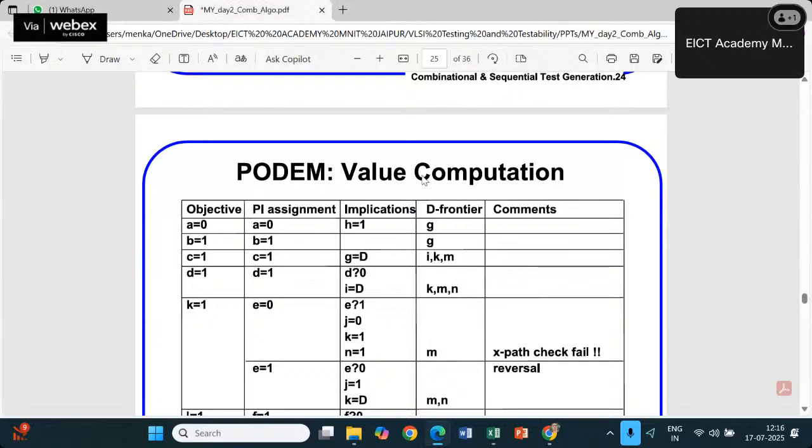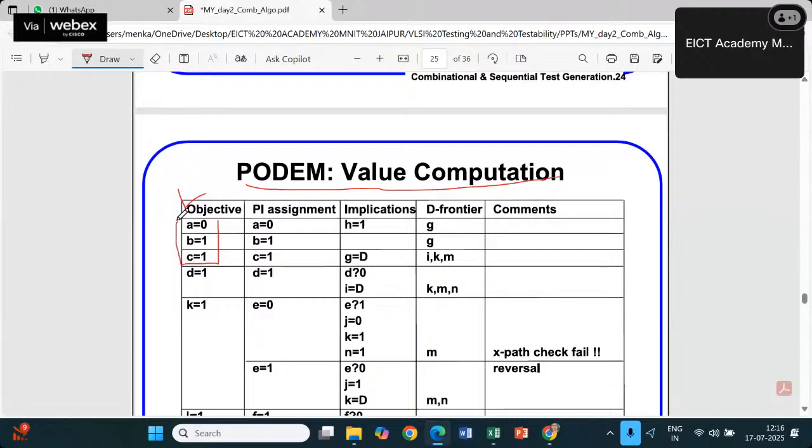So this is similar to the D algorithm tabular computation. First of all, our target is to activate the fault with the help of these 3 inputs. We have activated the fault.